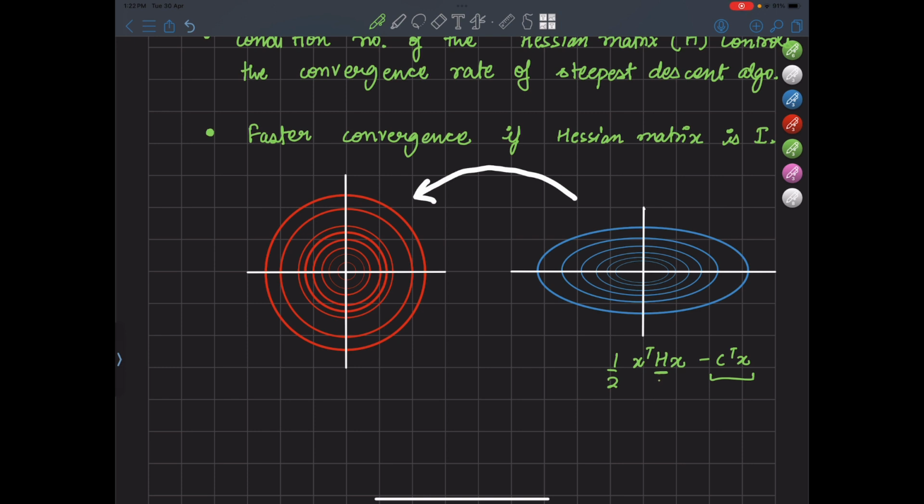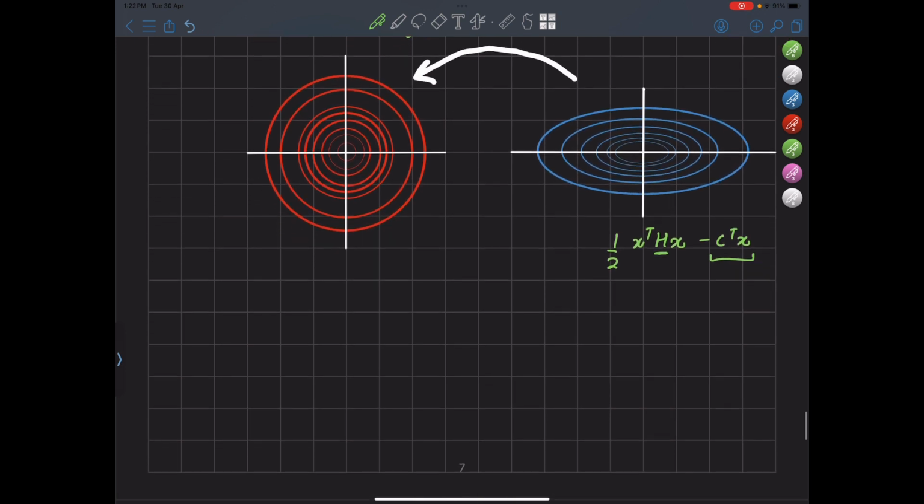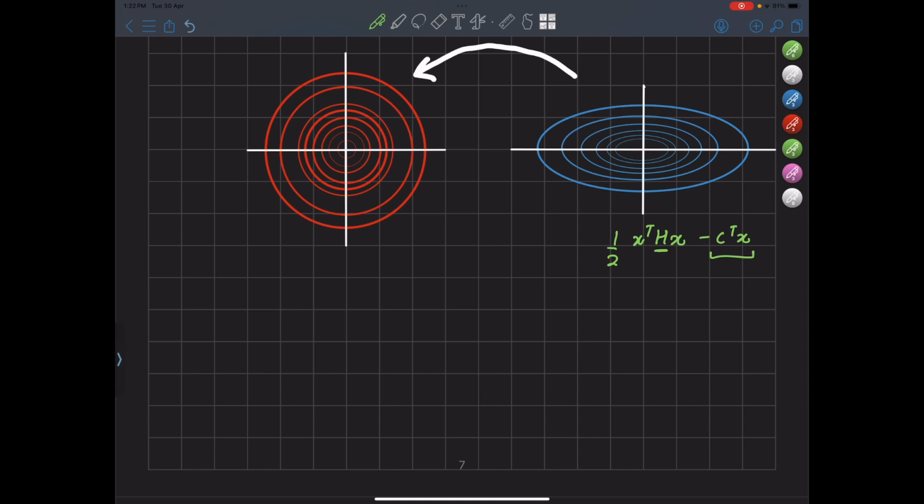I hope you remember the linear algebra course that you might have taken, in which you might have learned the Cholesky decomposition, in which a symmetric positive definite matrix H can be written as LL transpose.